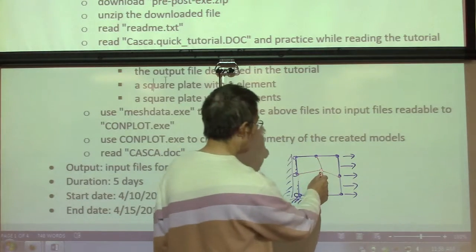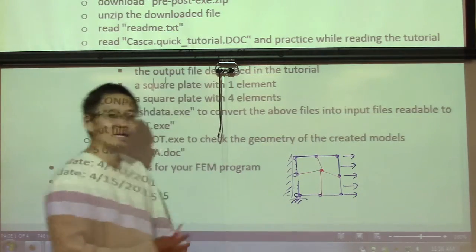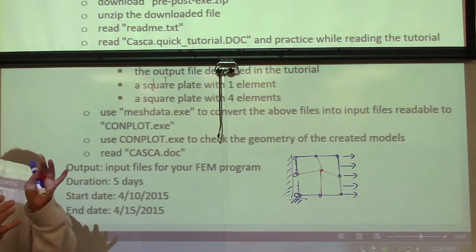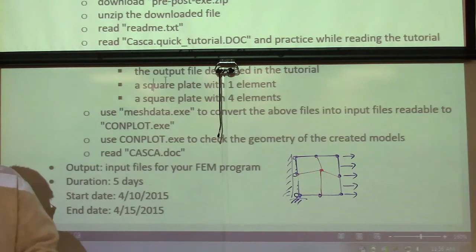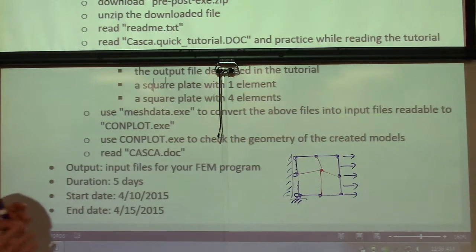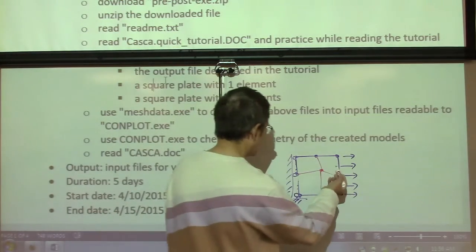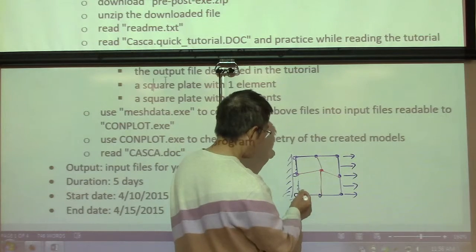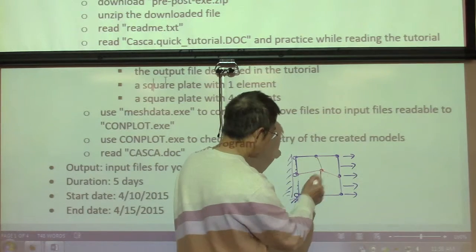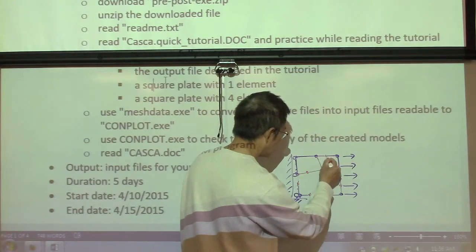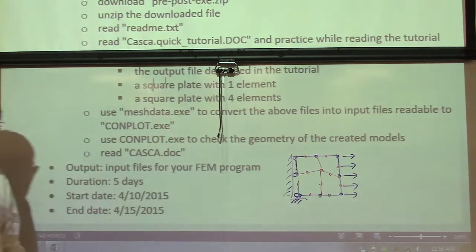The way you purposely put a node not at the center is now you have some elements that are distorted. And if there's any error in your program that cannot take care of a distorted element, you will reveal that. So this is a 4-element model, but of course it's more complicated. And you have this additional node, and then you have all these mid-edge nodes also. So that will be the 4-element model.